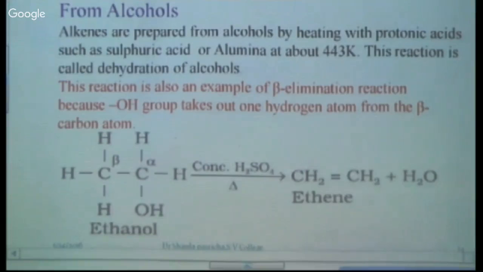But please remember, this reaction proceeds through the intermediate formation of carbocations. Whenever you have a reaction proceeding through carbocations, invariably some rearrangement can take place. So alcohol to alkene is again not a very good route to prepare alkenes, because rearrangement can take place because of the intermediate carbocation.